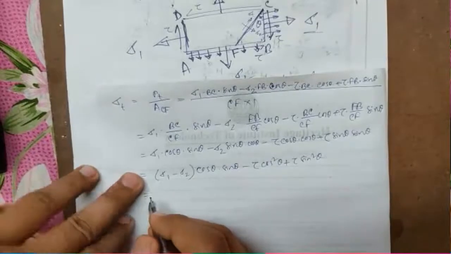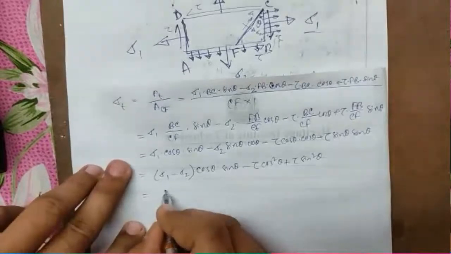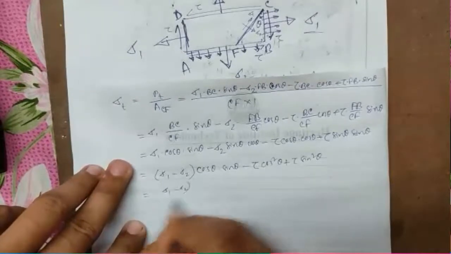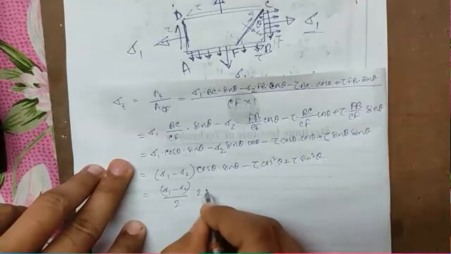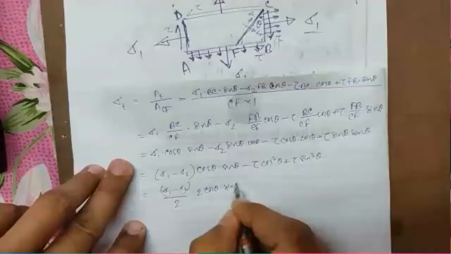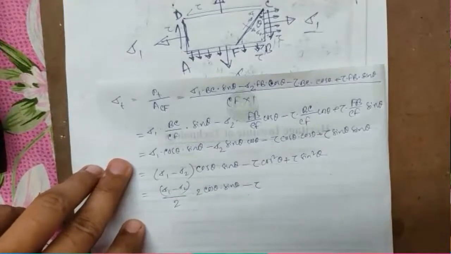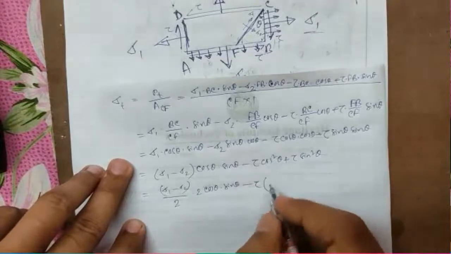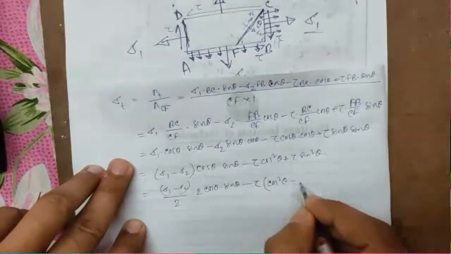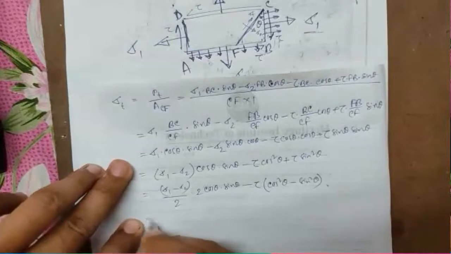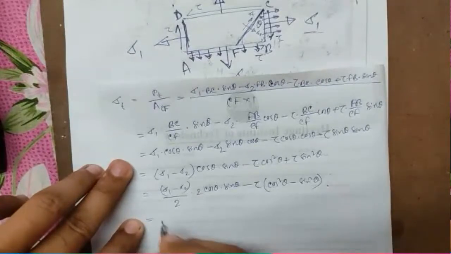So from here we can rewrite the equation as (sigma 1 minus sigma 2) by 2 into 2 cos theta sin theta, minus tau taking common (cos squared theta minus sin squared theta). So from here we can write that (sigma 1 minus sigma 2) by 2 into sin 2 theta minus tau cos 2 theta.